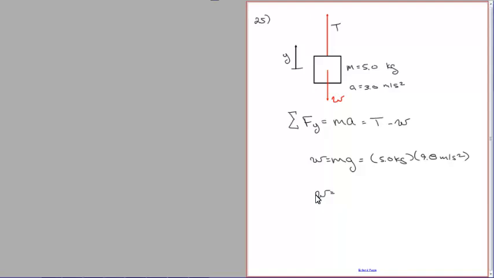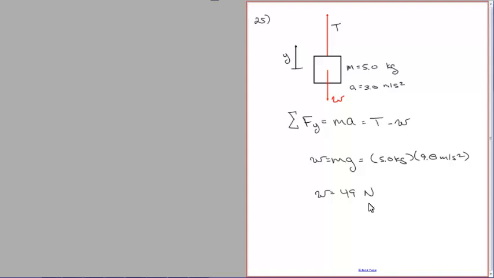Weight is always positive. And then we reflect which way the weight's going based upon how we define positive y, and that's pretty much it. Okay, so 5 times 9.8 is 49. So the weight of the bucket is 49 newtons.